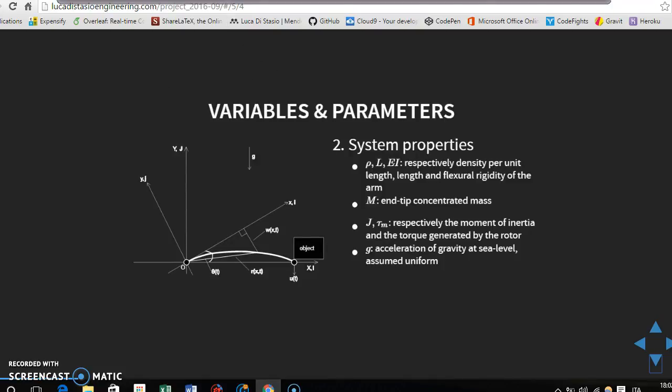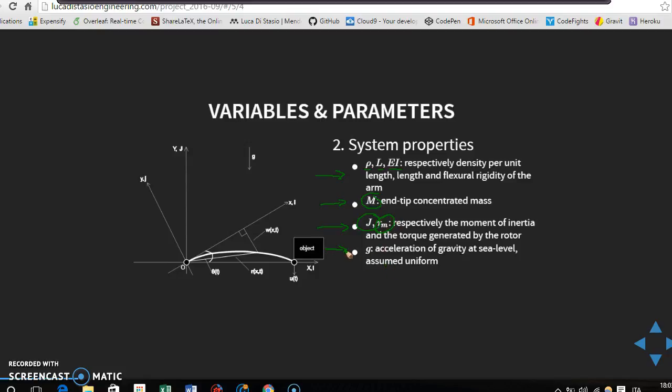Now, system properties. We consider the following properties. For the beam: linear density ρ, length L, and flexural rigidity EI. For the end tip: mass M, concentrated mass M. For the motor: moment of inertia J, and applied torque τ_M.